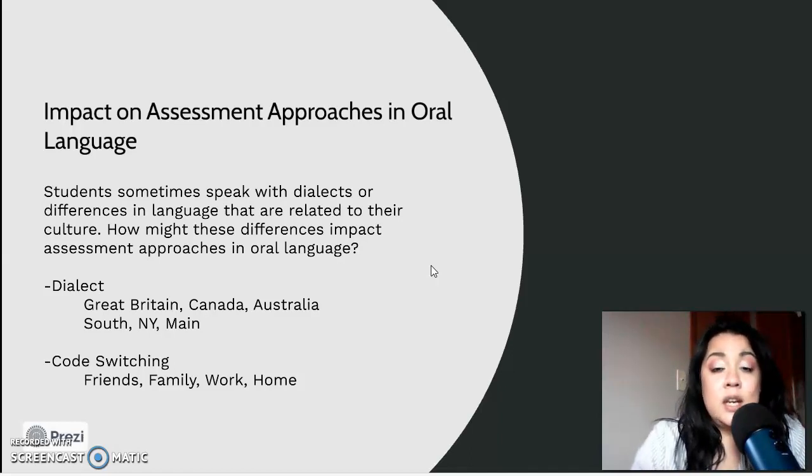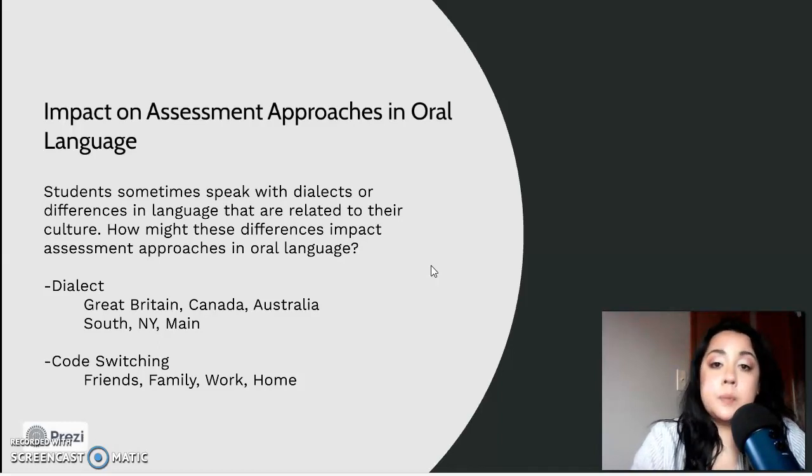For instance, people who come from the South may speak differently than people in New York. You hear those on TV, the New York accent. Same from New York to Maine, there are several different dialects. And that goes for other languages as well.